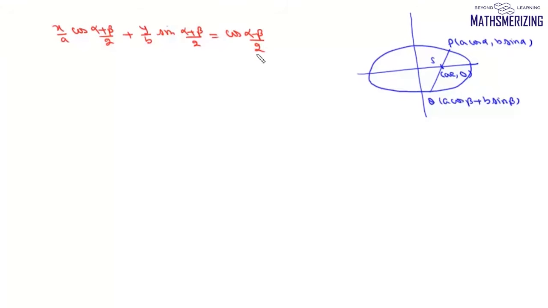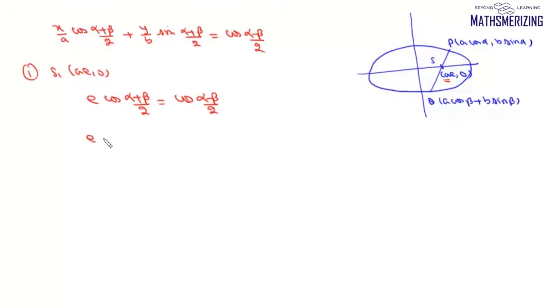Now if this chord is a focal chord, then it must pass through the focus of this ellipse. Suppose it passes through (ae, 0), then we'll put x as ae and y as 0. Then we can simply write e cos((alpha plus beta) upon 2) is equal to cos((alpha minus beta) upon 2).